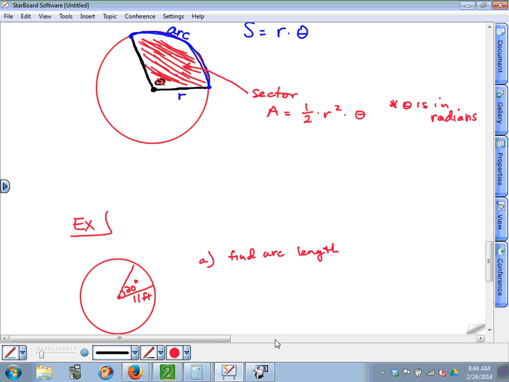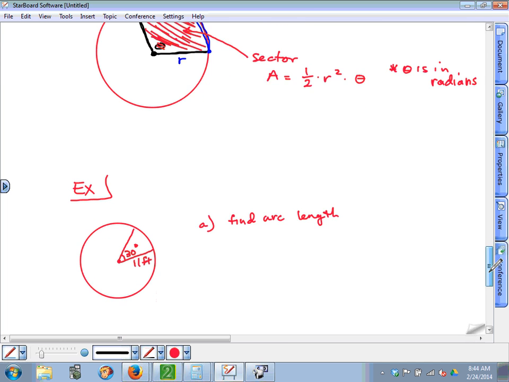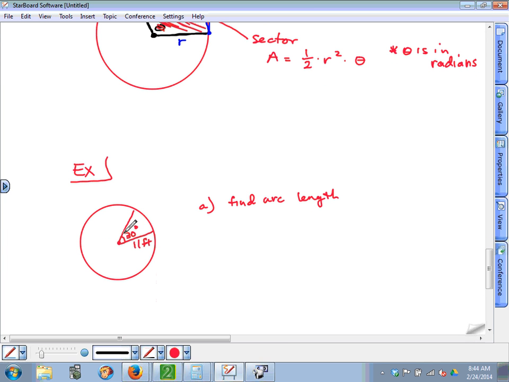What's the first thing you guys did? Degrees has to be radians. Okay, you cannot use the formula unless it's radian measure. So 30 degrees, what is that? Pi over 6. Yeah, 30 degrees is the same as pi over 6 radians. You had to make that conversion. Now you can use the formula S equals radius times theta.